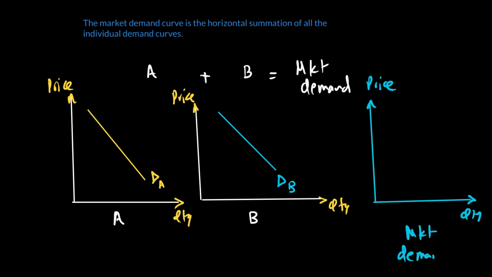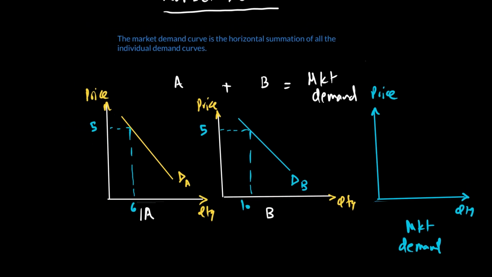So let's say that at the price of $5, A is demanding 6 units, and I'm coming up with these numbers. At the price of $5, B is demanding, for example, 10 units, which means if I horizontally sum up at the price of $5, the market is demanding 6 plus 10, which means 16 units.